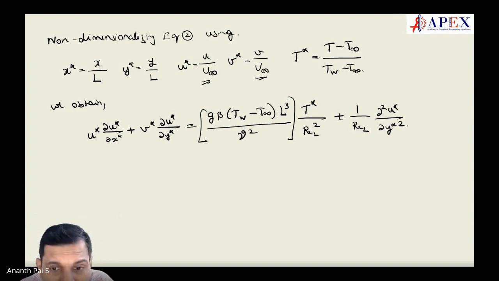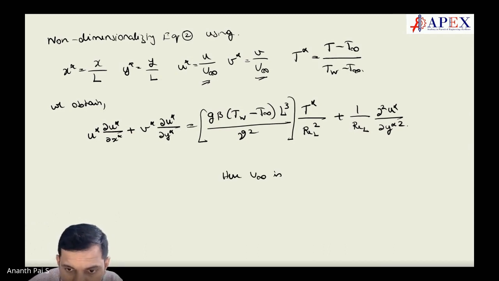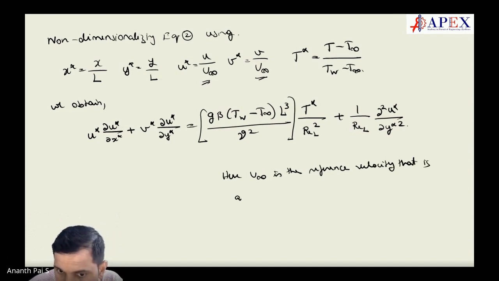U infinity is the reference velocity, and that is arbitrary.